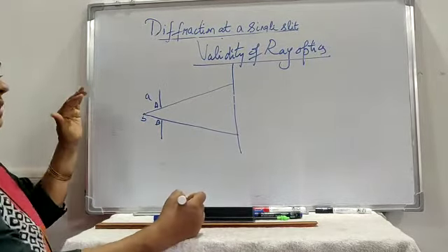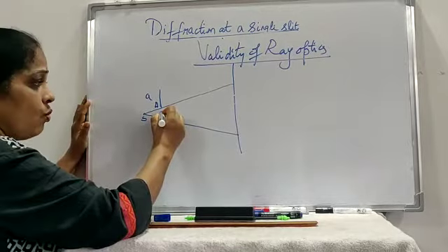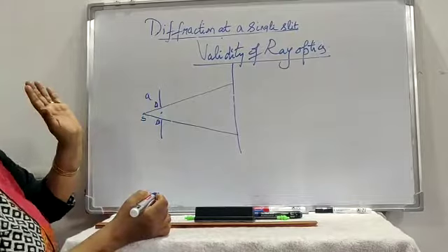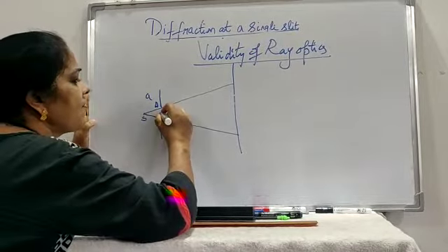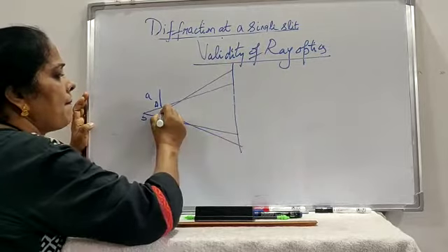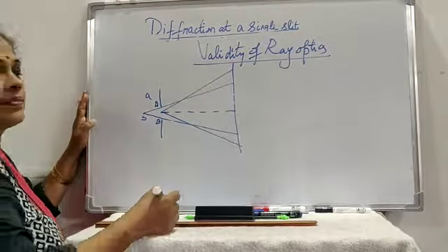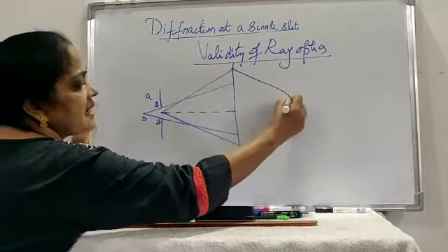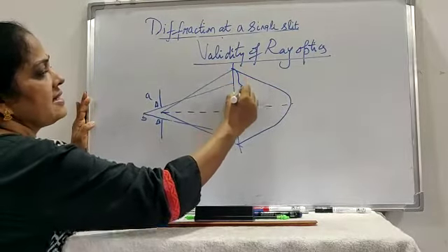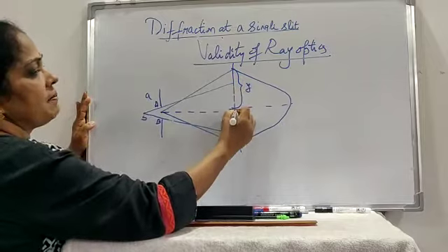Now, suppose wave optics is valid, light will get diffracted. When it gets diffracted, you get some pattern on the screen. Let us consider this is the central maxima you get, and this distance is represented by y.